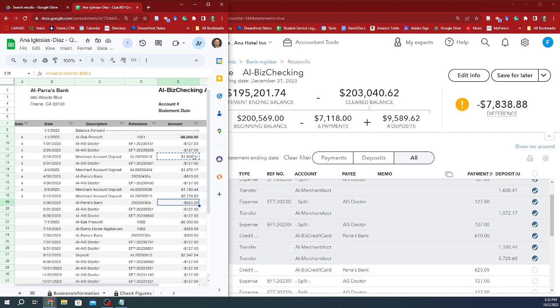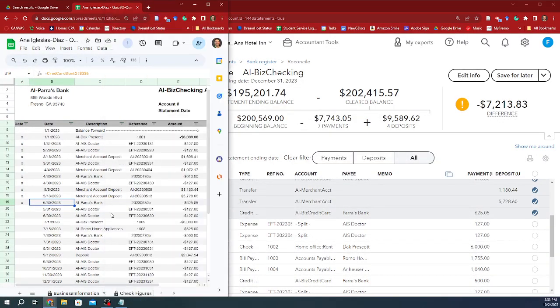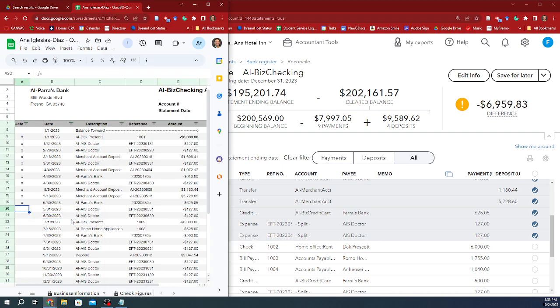And then we have the $625 that we paid on this transaction to Parra's bank. That's on a credit transfer to your credit card payment. Yeah. Then the AIS doctor for May, June. Then we have May and June.